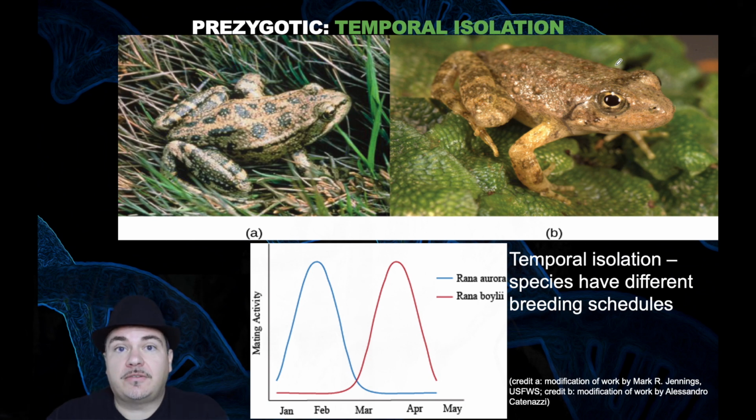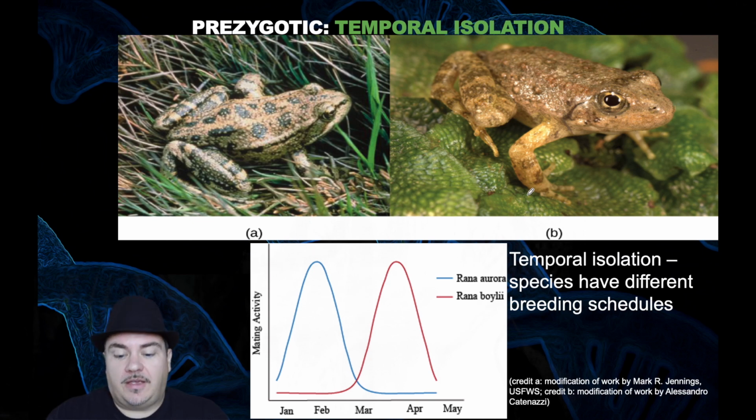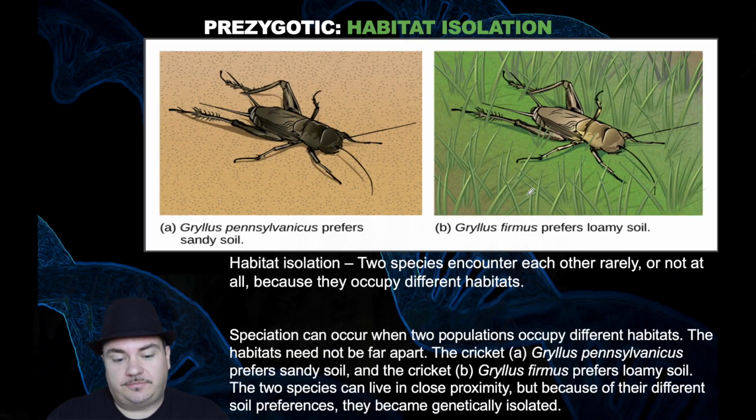Because they mate at different times of the year. One species only mates around February, the other species only mates around April. So because of that, they won't ever mate with each other, therefore they won't exchange genetic information, there'll be two separate gene pools, and because of that they diverge into two separate species. So temporal, time, okay, so different times of year, or it could be different times of day, some mate only during the day, some mate only during night, etc. Okay, that's one type of prezygotic isolation.